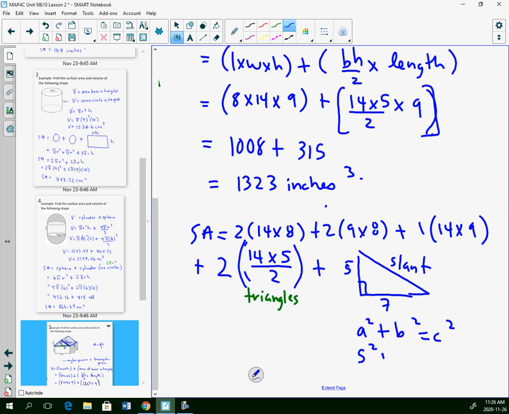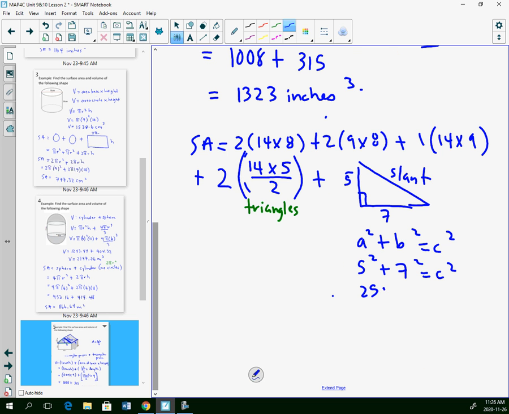So each side is 5 and 7. So that slant height will work out to be 8.6. Let's choose S for slant. So we'll say the slant is 8.6.